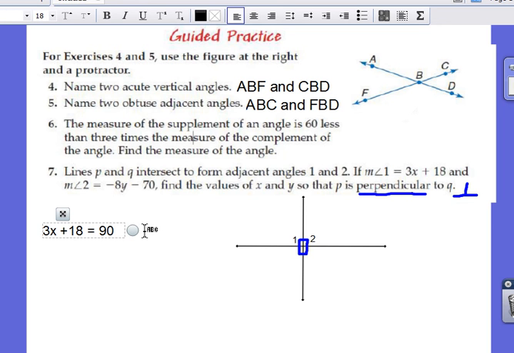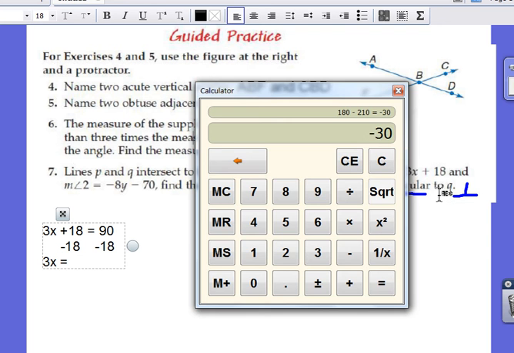Everything else is algebra. Alright, so here we subtract the 18. And then from there, we know the 18s cancel on the left side. Alright, we do equal, and then 90 minus 18, I believe, is 72. Let's just be sure.